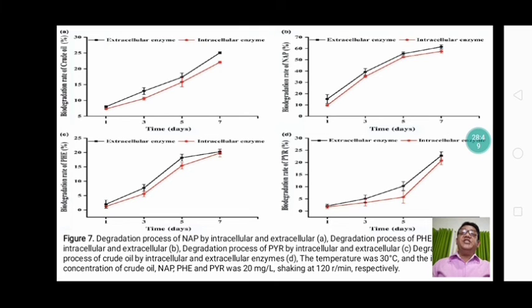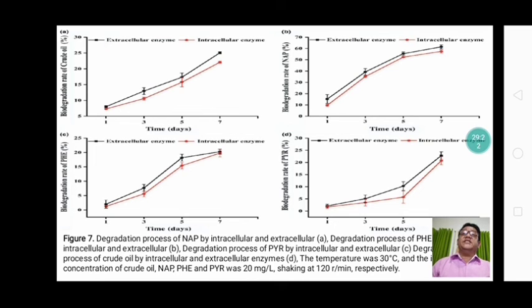To disclose the degradation mechanism of petroleum hydrocarbons by strain RFC-1, intra- and extracellular enzymes were extracted and used for treatment of crude oil, naphthalene, phenanthrene, and pyrene. Degradation efficiency of crude oil, naphthalene, phenanthrene, and pyrene by intra- and extracellular enzyme solutions followed the order of NAP, crude oil, pyrene, phenanthrene, and increased over time in varying degrees.